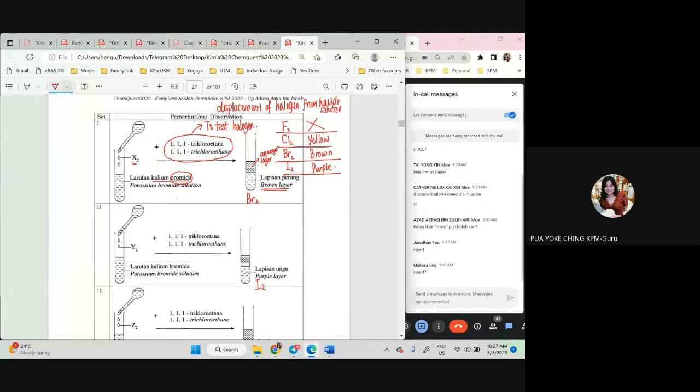Okay, so I have X2 plus KBr, and then dia kata you mesti akan dapat Br2 plus KX. Maksudnya X boleh displace Br. So X boleh displace Br, X mesti atas Br. X more electronegative. So, atas Br hanya ada satu, so X is Cl2.